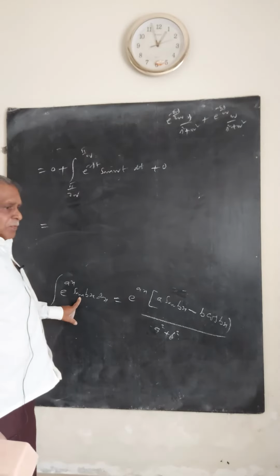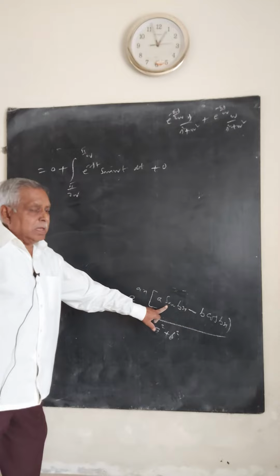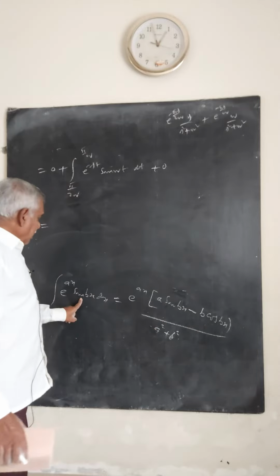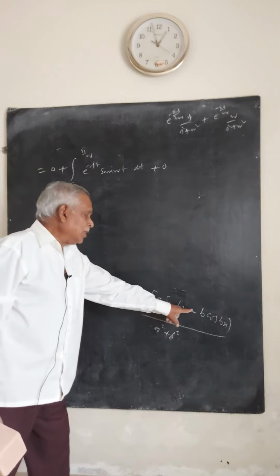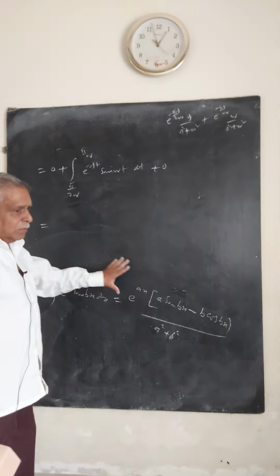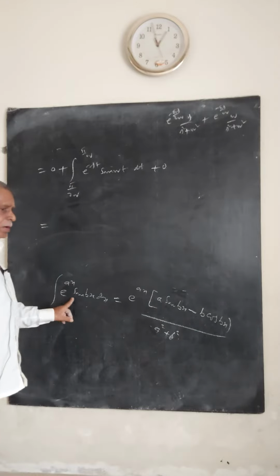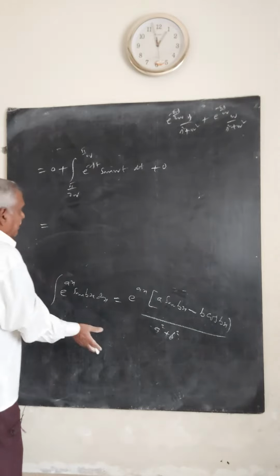If sin comes, it will start from sin, and negative is there. If cos comes, it will start from cos, and it will be positive. This is the way of keeping in mind these types of exponential with sin and cos. We are applying this.